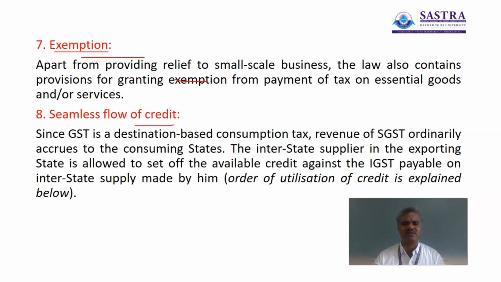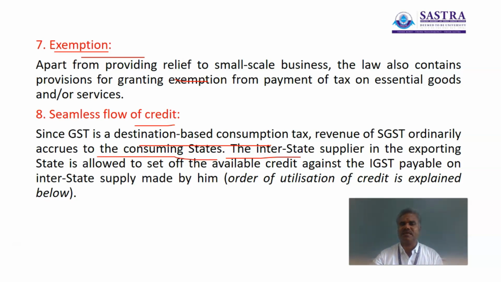Seamless flow of credit. That's very, very important. Since GST is a destination-based consumption tax, as I already told you, each destination we have to pay. The end destination is the consumer, the customer point. The revenue of GST ordinarily accrues to the consuming states.